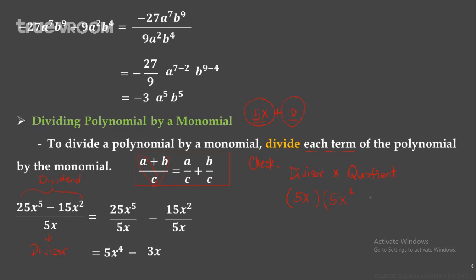5x raised to the fourth power minus 3x. So we are going to multiply 5 times 5, which is 25. What is x times x raised to the fourth power?